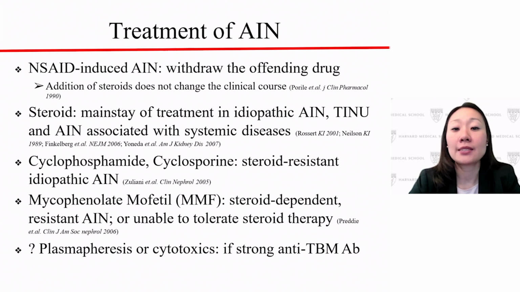Steroids are a mainstay of treatment in idiopathic interstitial nephritis, as well as tubulointerstitial nephritis that are associated with systemic diseases. Other treatment modalities include cyclophosphamide, cyclosporin, as well as mycophenolate mofetil. And there have been some studies that have examined the use of plasmapheresis or cytotoxics, although this is not necessarily a mainstay of treatment.